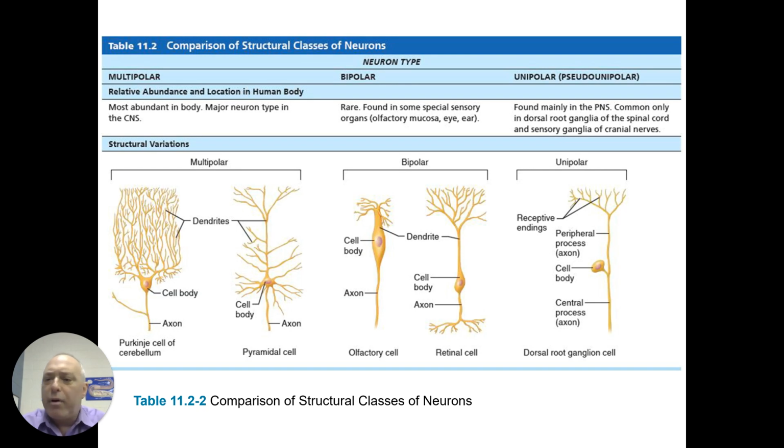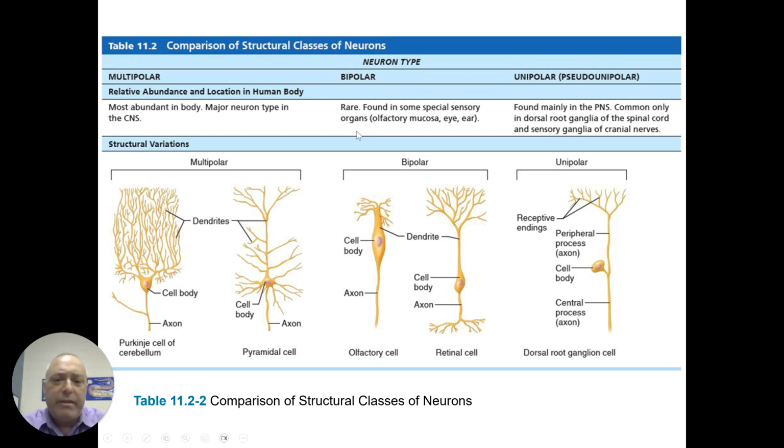So the multipolar are the most abundant type of neurons in the central nervous system. There are variations where you have a different amount of dendrites. We've got a Purkinje cell of the cerebellum on the left and a pyramidal cell on the right. Bipolar neurons are rare.